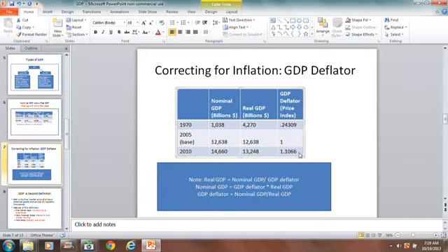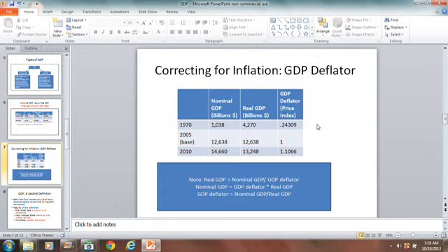So it's telling us how prices differ in 2010 from 2005. And so you can then adjust the nominal GDP numbers to account for this difference in prices. So the GDP deflator indexes are ways of correcting the prices for each year to make them the same as the prices for the base.